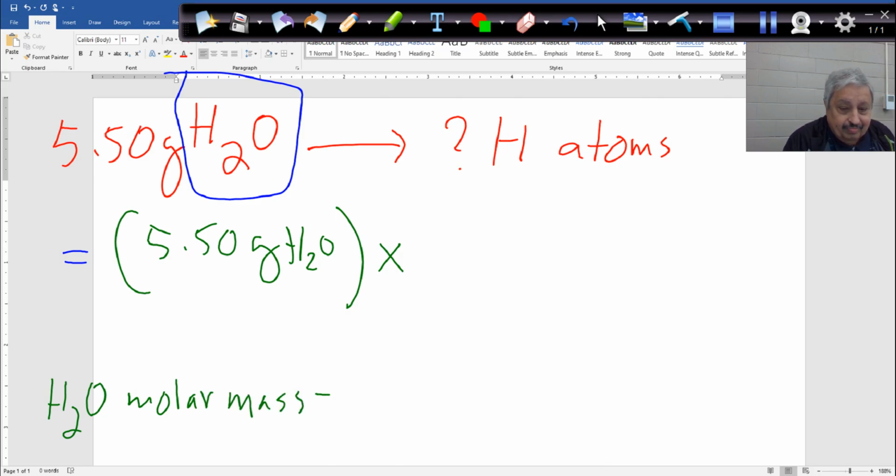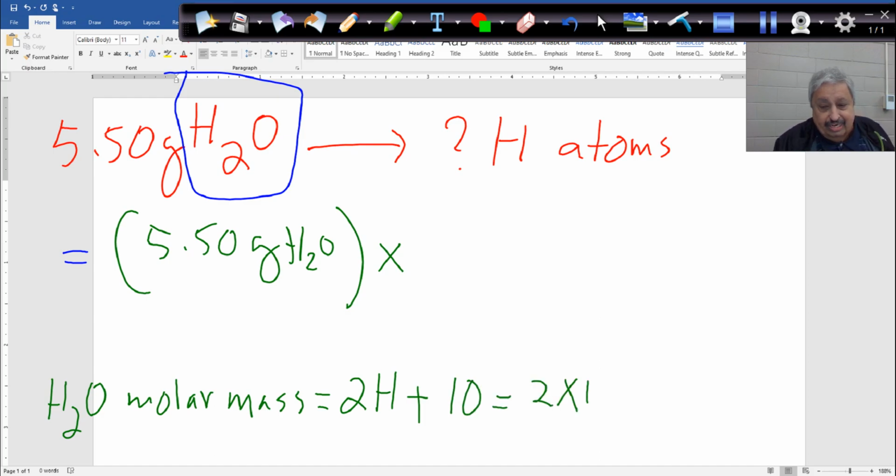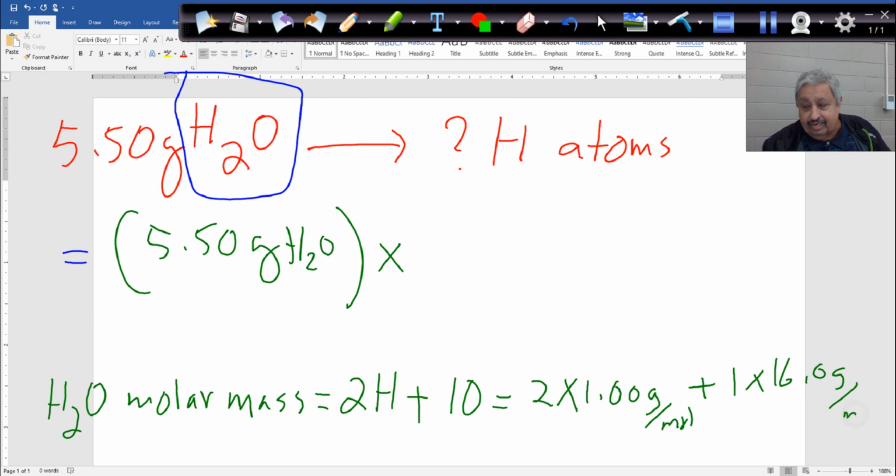Somebody will tell me. We have 2 hydrogens plus 1 oxygen. The atomic mass of hydrogen is 1.00 gram per mole, plus oxygen is 1 multiplied by 16.0 gram per mole, so this is 18.0 gram per mole. This is the molar mass of H2O.